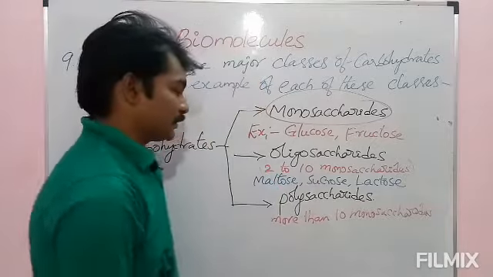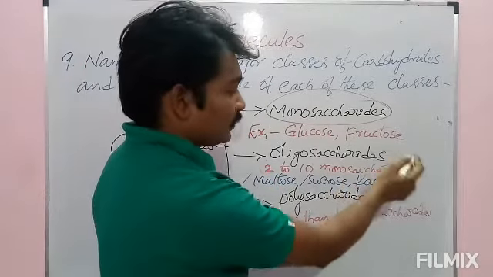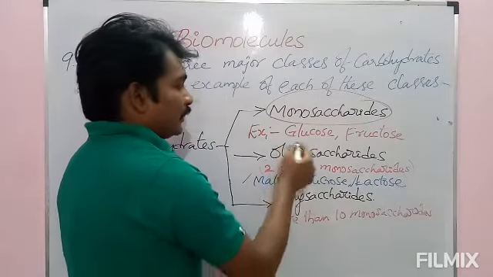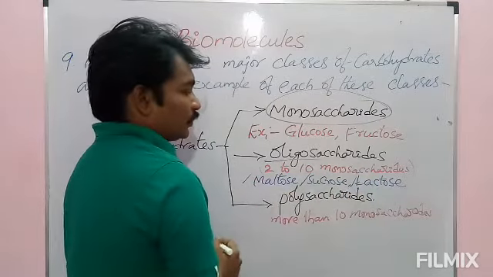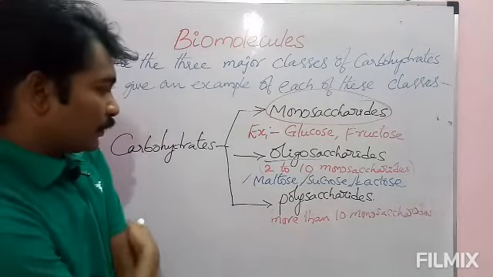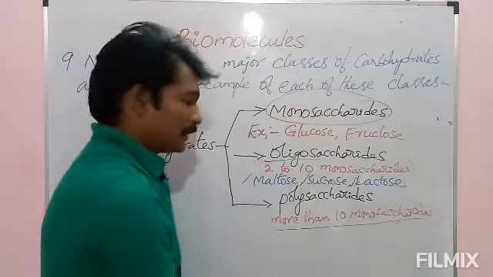These are different things. Maltose is present in barley, sucrose is present in cane sugar, lactose is milk sugar. Okay, and see here, they give 2 to 10 monosaccharides on hydrolysis. And coming to polysaccharides, they give more than 10 monosaccharides on hydrolysis.